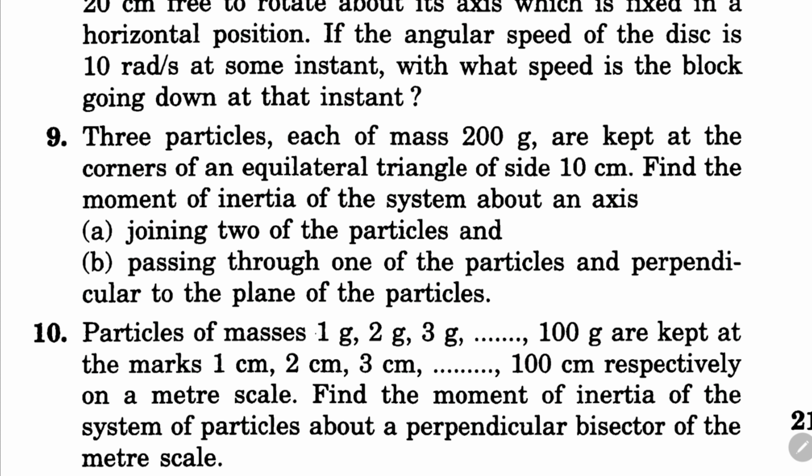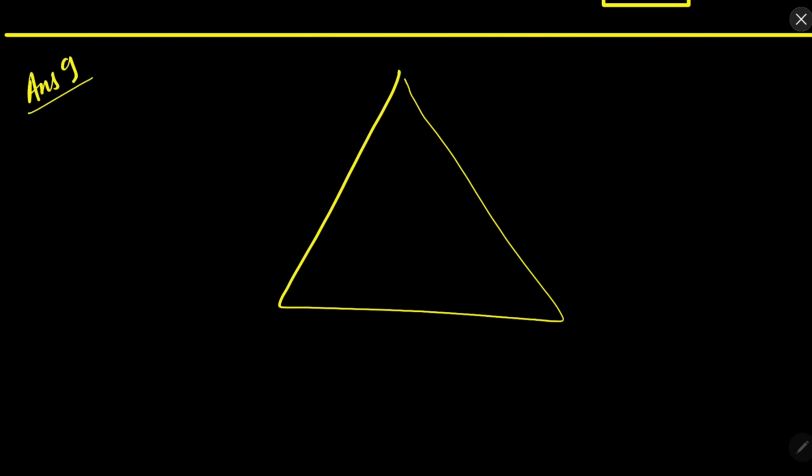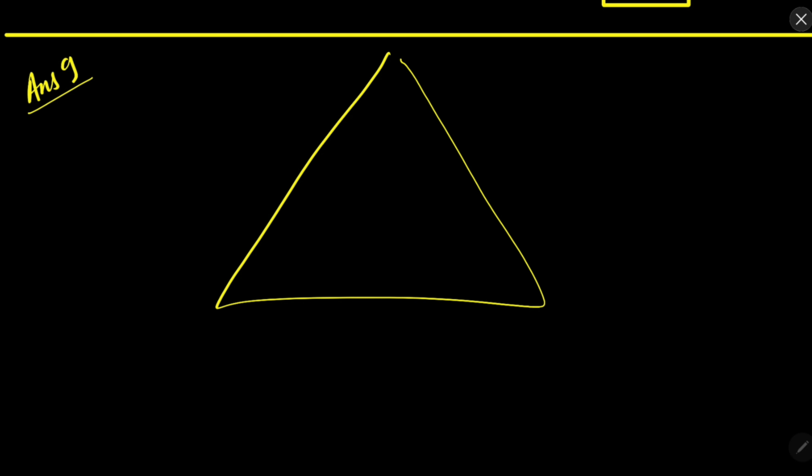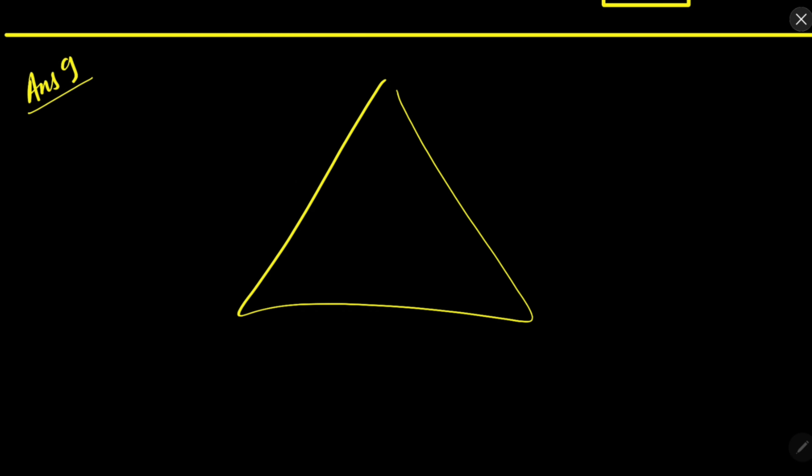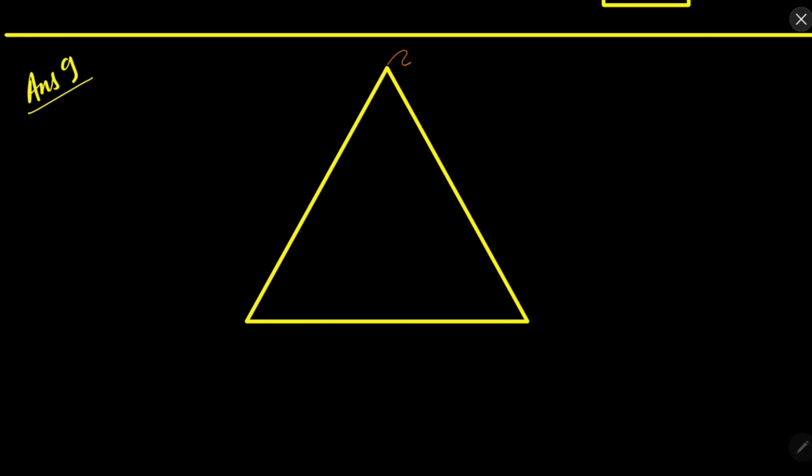Now in question 9 we have 3 particles. Masses are 200 gram and they are kept on the corners of an equilateral triangle of side 10 centimeters. So we have to find a few things. So the situation is something like this.